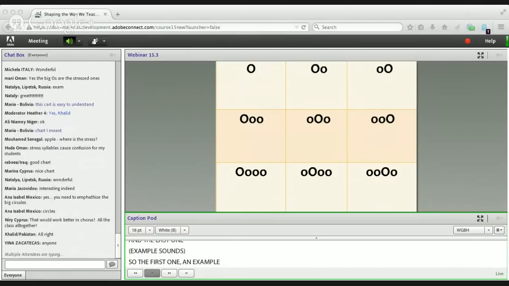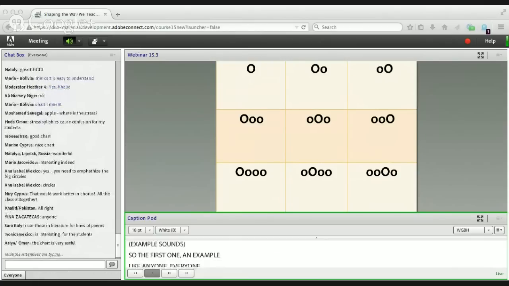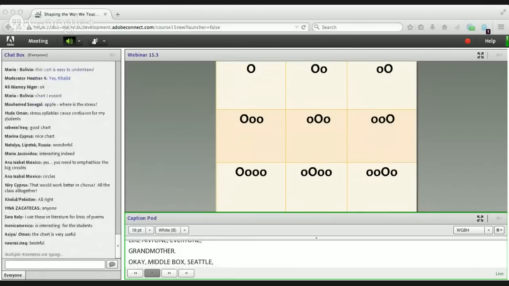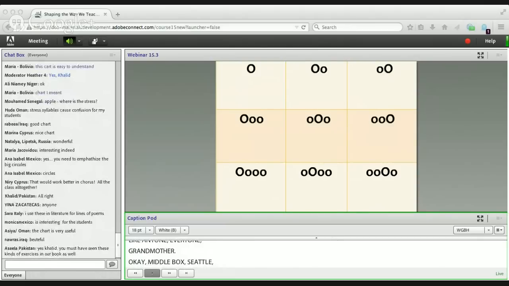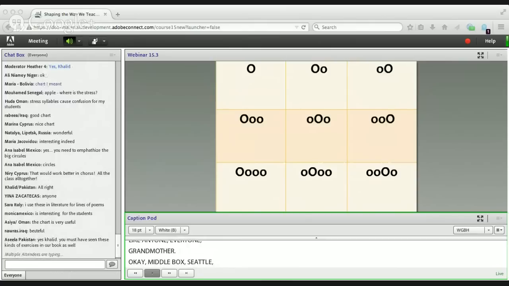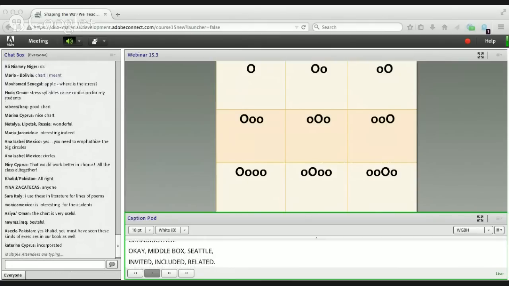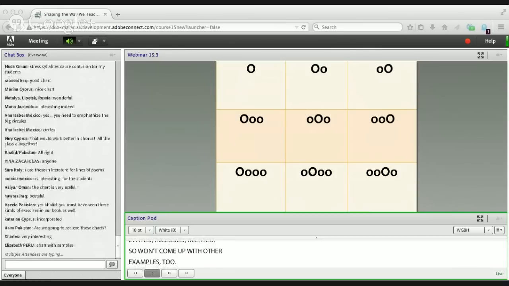Middle box, Seattle, invited, included, related. So we'll come up with other examples too. And then da da da, understand, introduce. So those are some more examples.